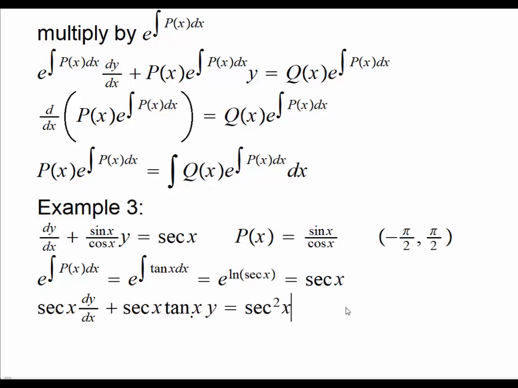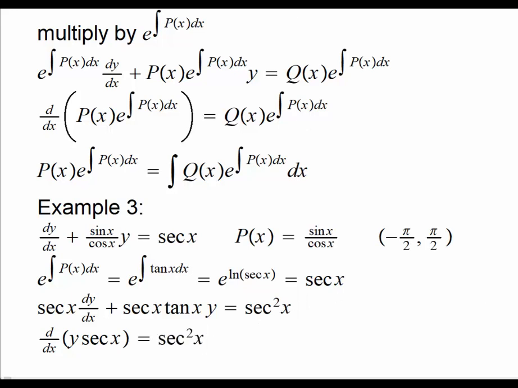Now notice that the derivative of secant x is secant x tangent x. So the left hand side is the derivative of simply y times secant x, and the right hand side is secant square x, as you can see.